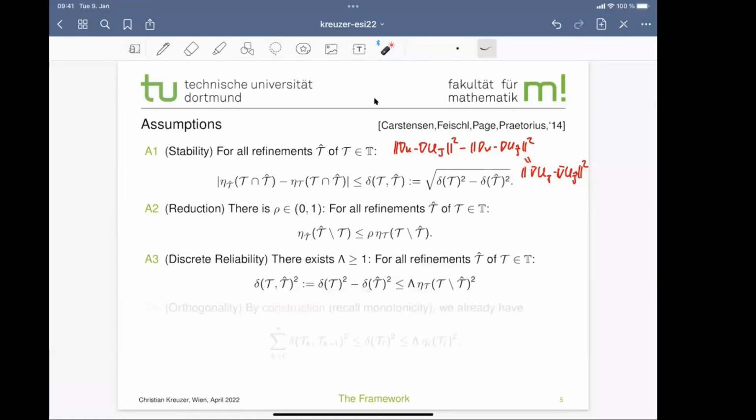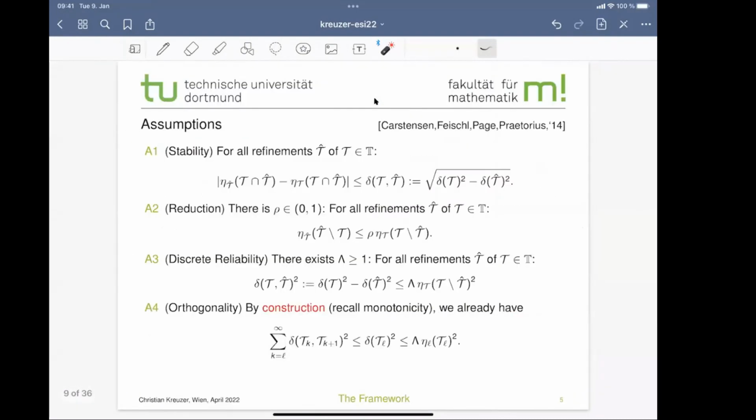Okay, and then there's a fourth assumption which is satisfied by construction in our situation, because this is an orthogonality assumption. When looking at this definition here and taking the square, it's obvious that you get this just by a telescopic sum argument, right?